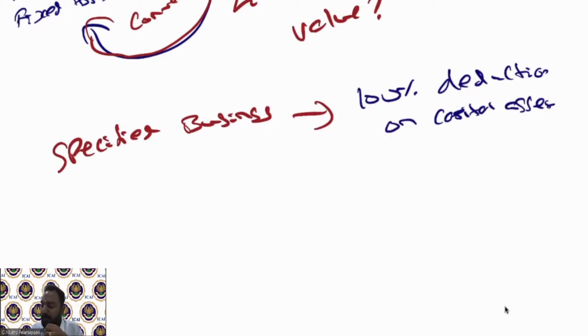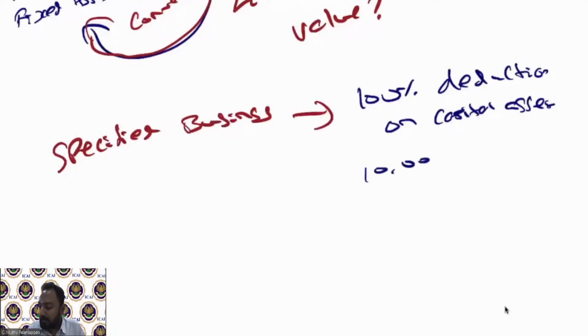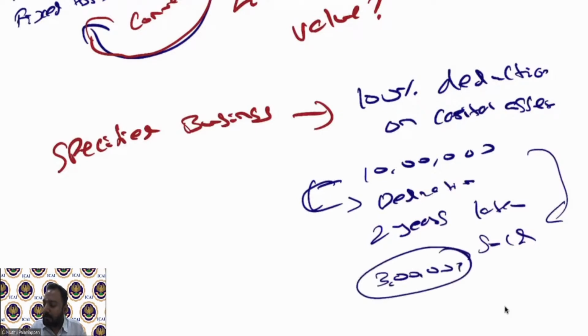Now, subsequently, when that asset on which you have claimed deduction is demolished, destroyed, discarded, or transferred, let's say the asset value was 10 lakhs and you would have claimed a deduction, and 2 years later it is finally sold for 3 lakhs, now this 3 lakh is an income under section 28.